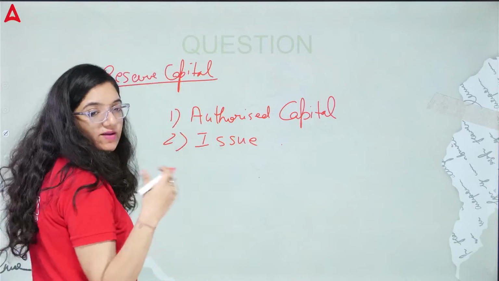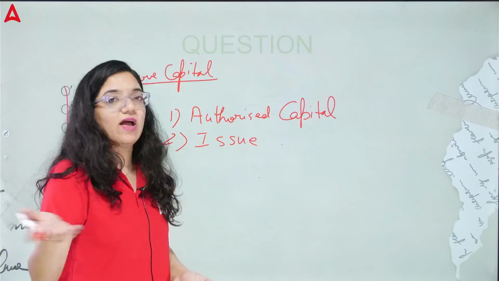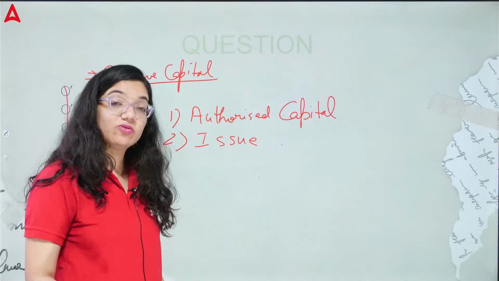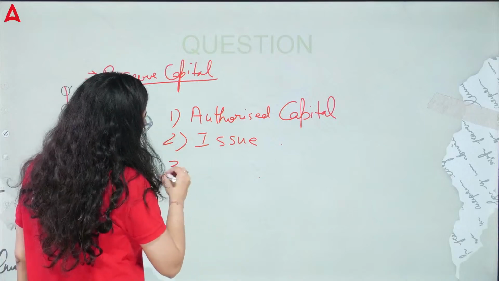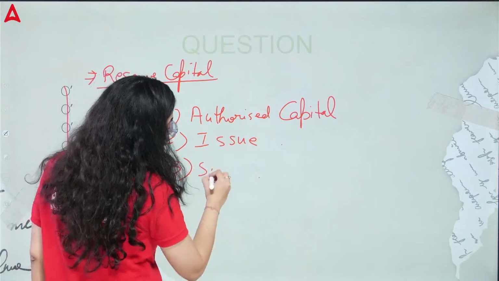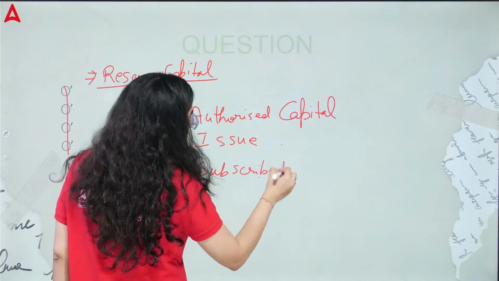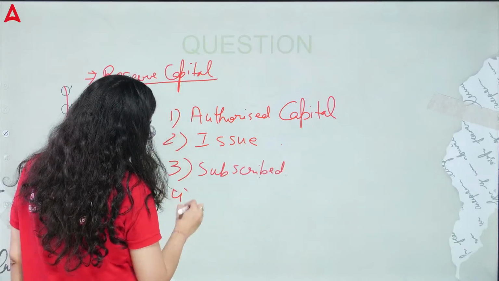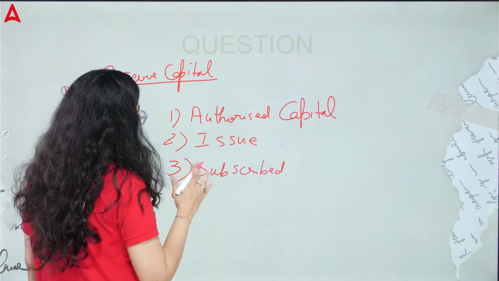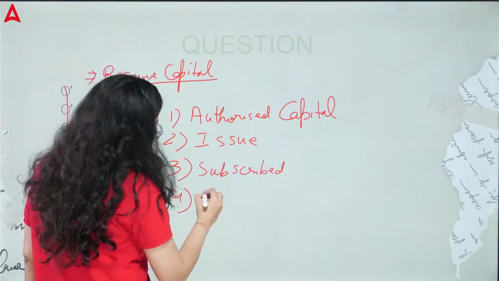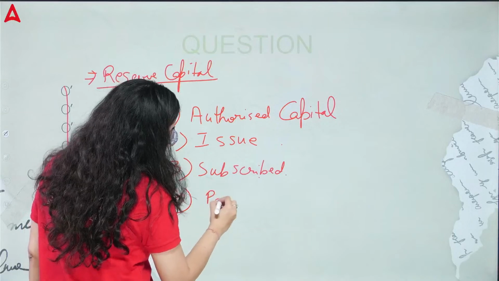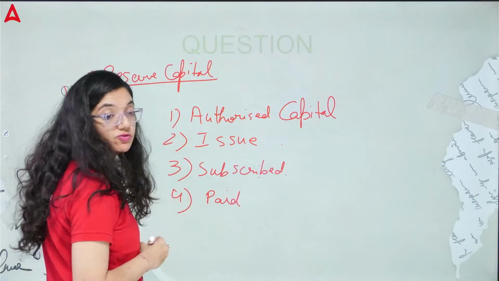For example, we have a Netflix subscription, I take an Amazon Prime subscription. They have issued this, and that is subscribed. Issued, subscribed, and after subscription the next one is paid up. When they take it up, they have to pay for that.